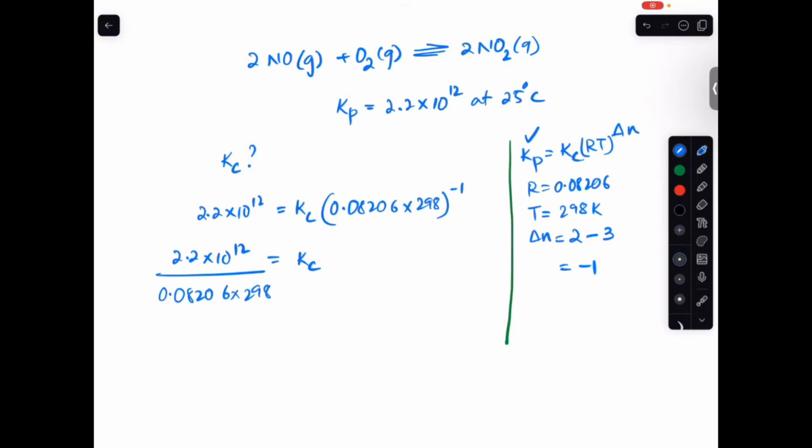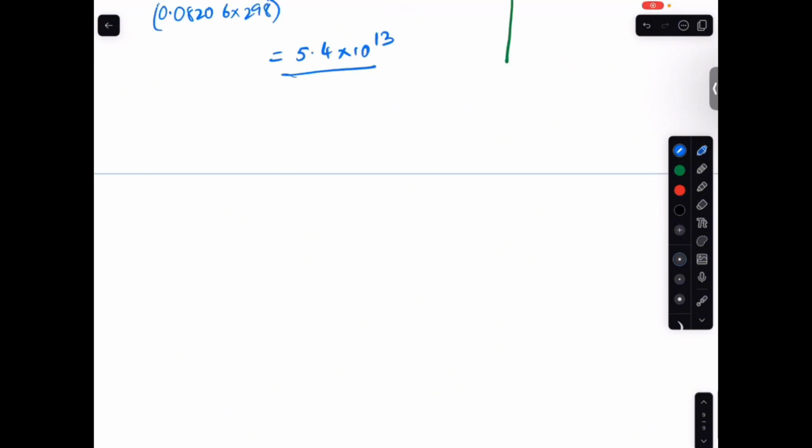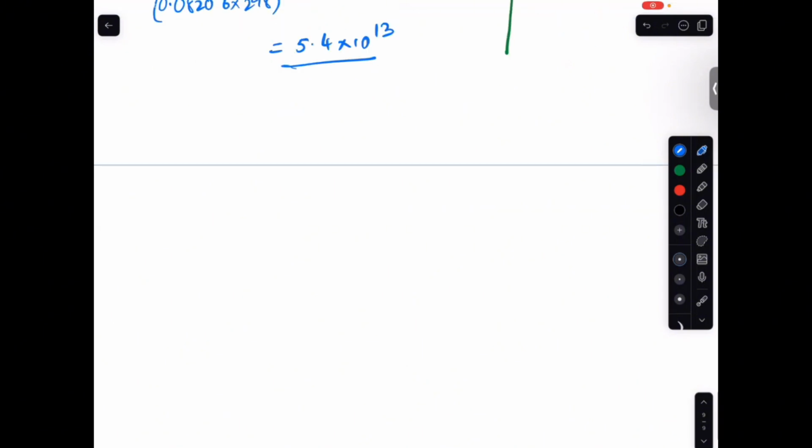Go ahead and do that and tell me what you get. 5.4 times 10 to the 13. Let's do another one for practice. I'll just keep that there just in case.